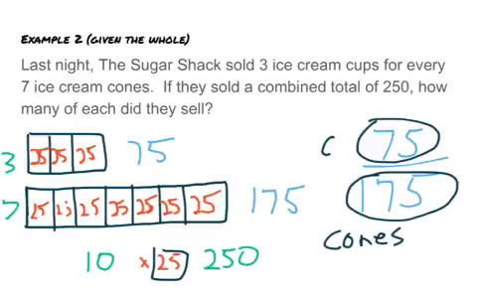Okay. Now, I also want to show you this in terms of a percentage. If we were to draw this ratio of 3 to 7 as just one total, where we have all 10 parts together, we remember that 3 of them were represented by the cups, and that 7 of them were represented by the cones.